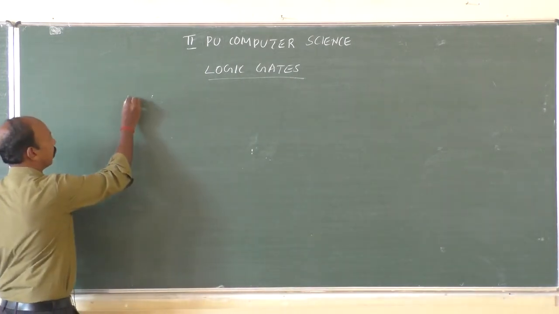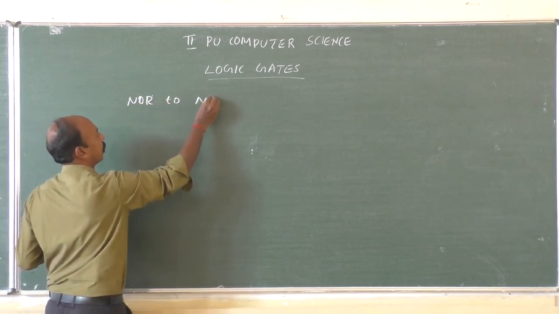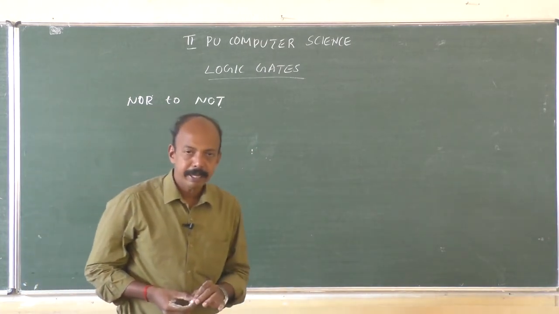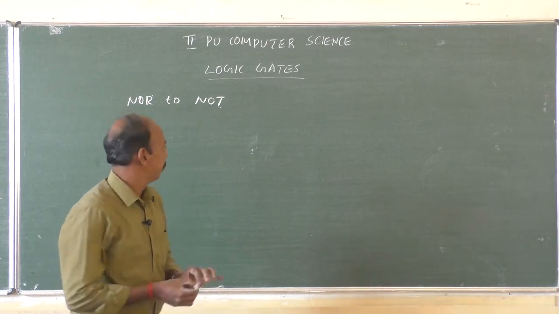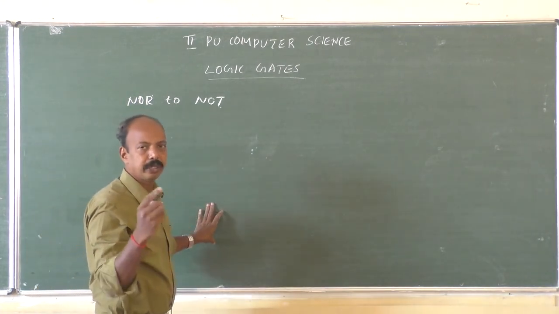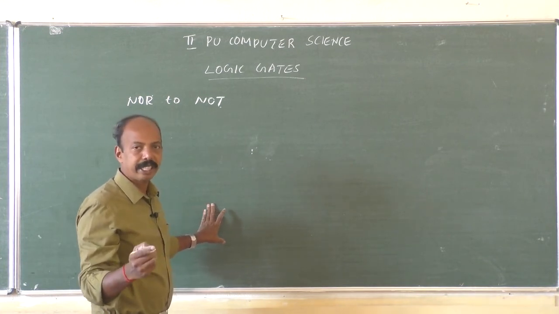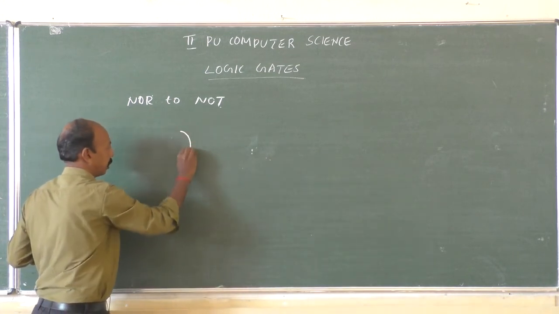And now NOR to NOT. It is the same as NAND to NOT. We have already seen NAND to NOT. Here, in place of NAND, we have to draw the NOR gate.